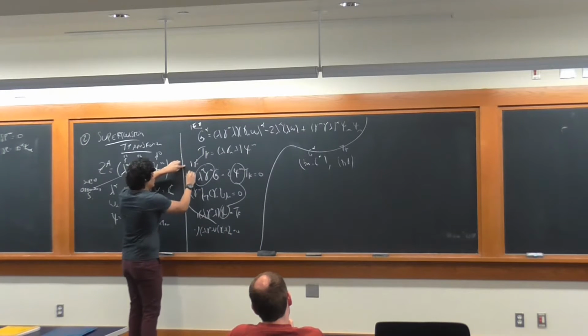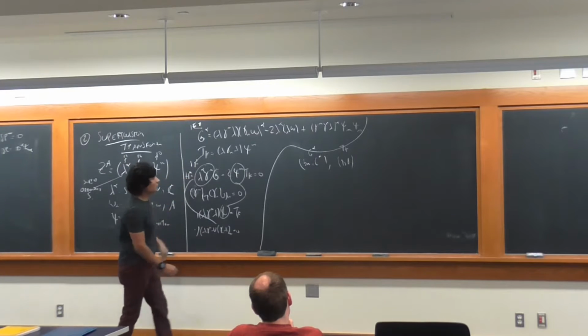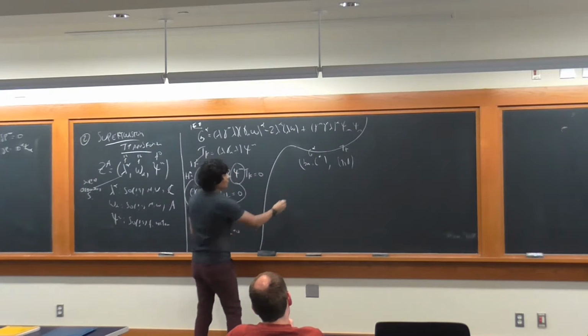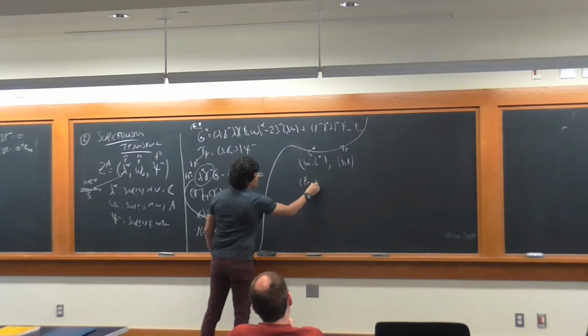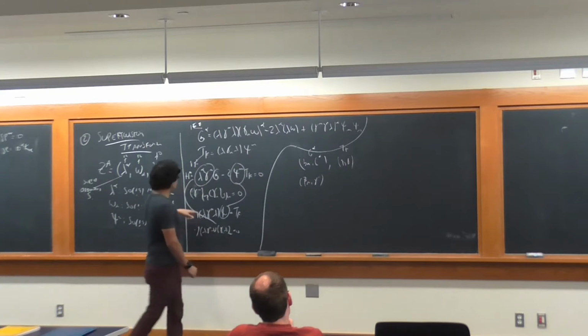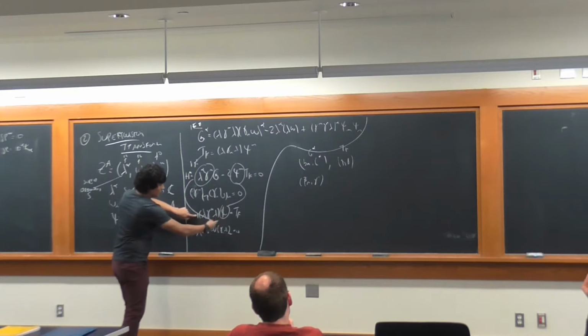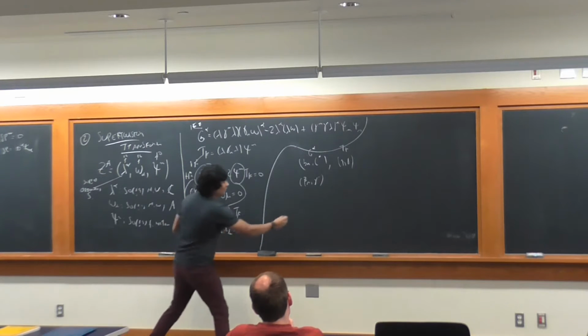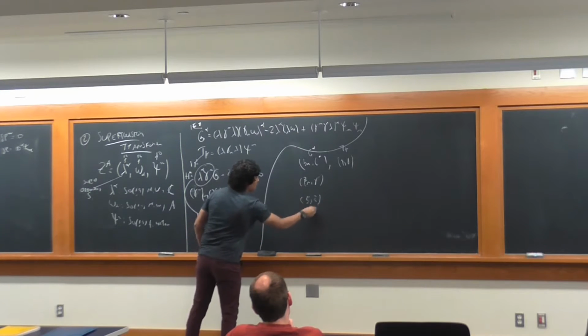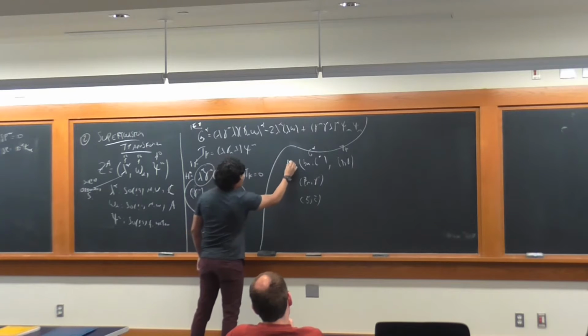Let me put here HN, for example. Okay. So I will have to introduce these ghosts, beta m, gamma m. And finally, I have to introduce scalar ghosts here because of these conditions. So first generation, second generation, and third generation.